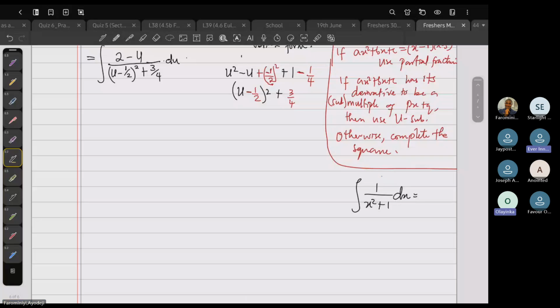Tan inverse of x plus c. What if it is not 1? What if it is a squared? What is it going to be?